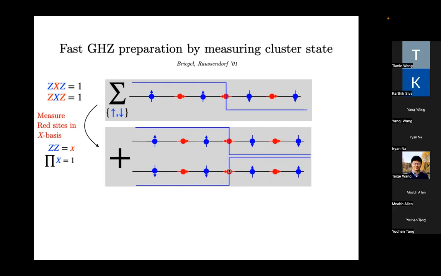Both have a domain wall here. That's going to pin this configuration of the blue spins. When you measure this, you're going to get ZZ equals plus 1, meaning there was no domain wall, or ZZ is minus 1, meaning you have a domain wall here.